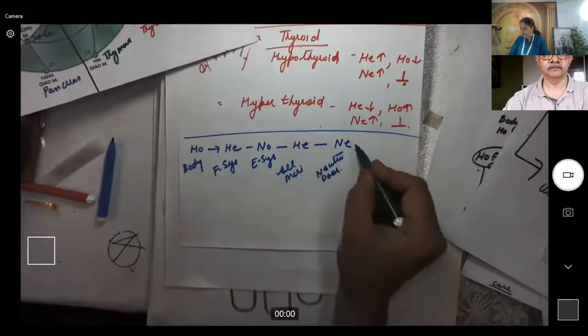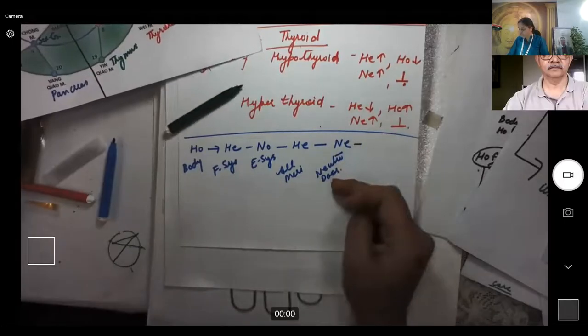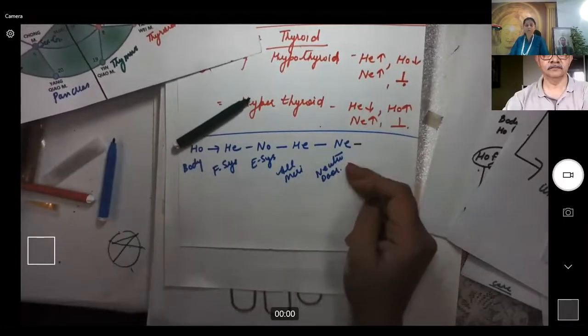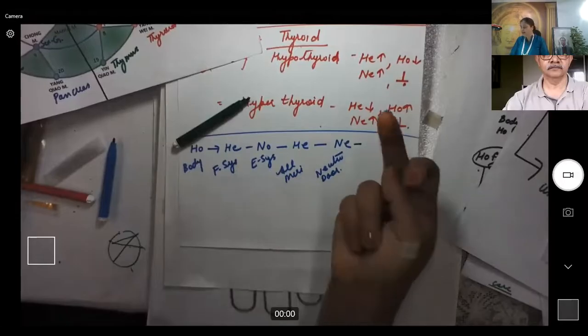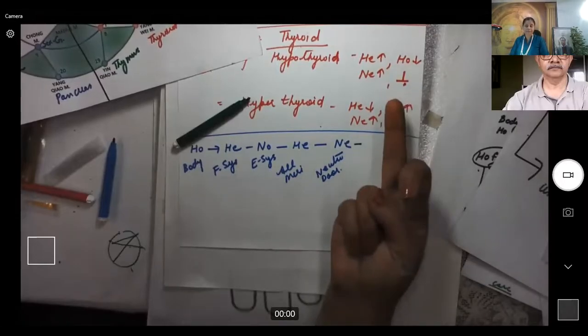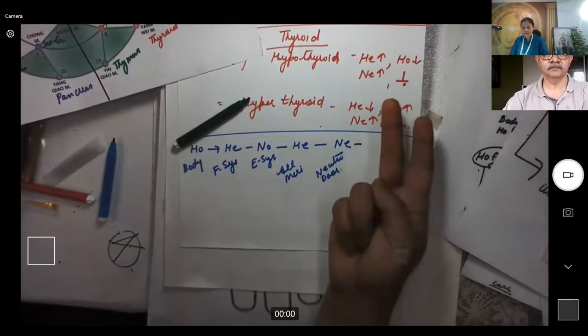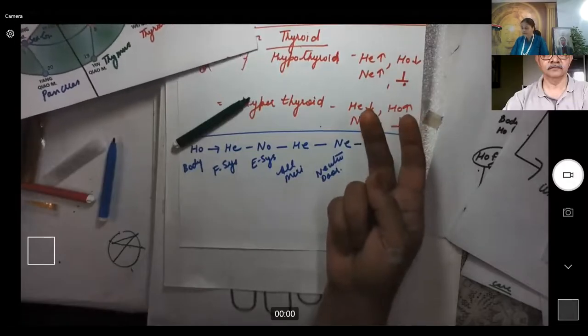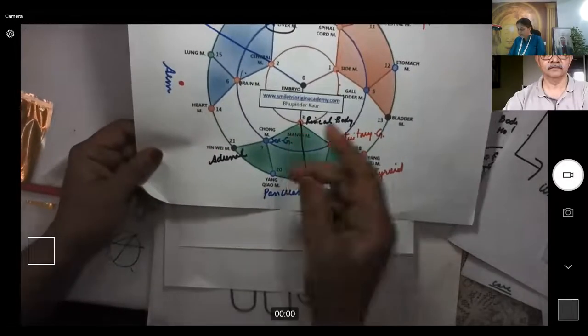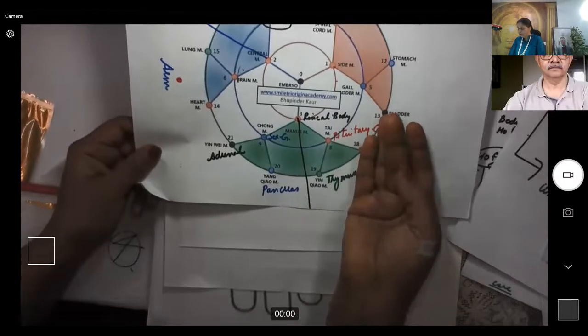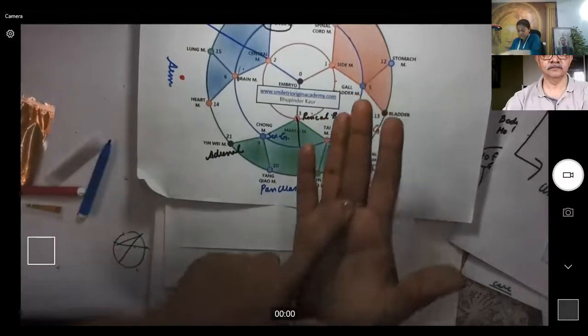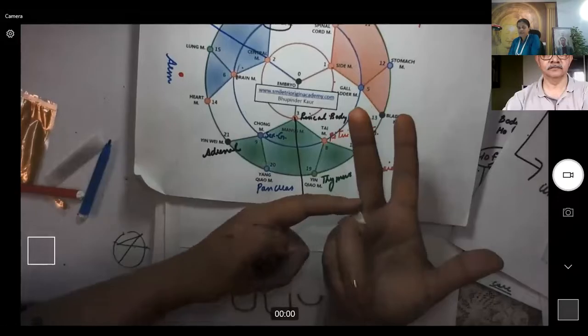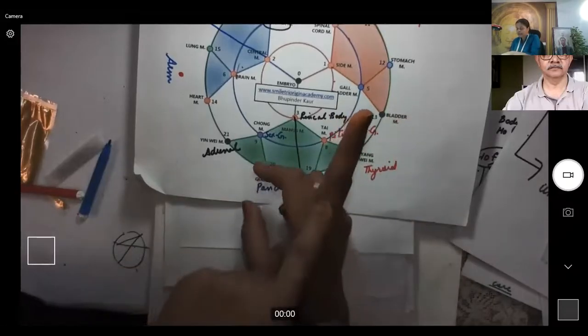After knocking this, what will happen? Your neutro finger. So after knocking this, you don't need to write again. So knocking neutro means naturally you are here in neutro finger, then you have heterodimension, homodimension. It means pituitary gland is here and sexual gland is here.